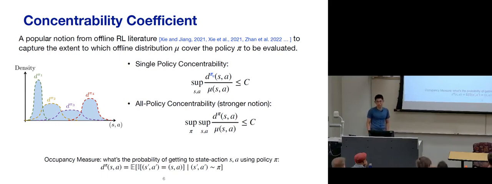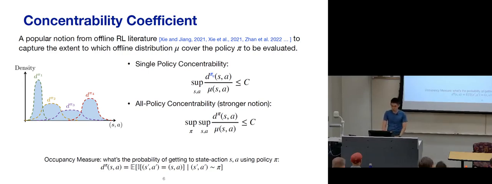The first one is the single policy concentrability, where we only want the offline distribution mu to cover the occupancy measure of the policy to be evaluated. That is, we require this supremum over state action pairs of the density ratio between the policy to be evaluated and these offline distributions to be bounded by some given constant.